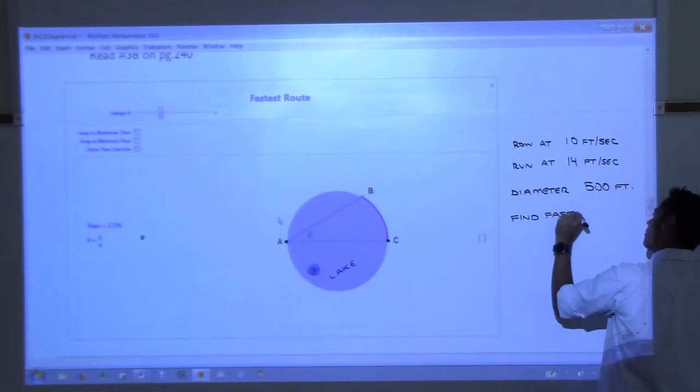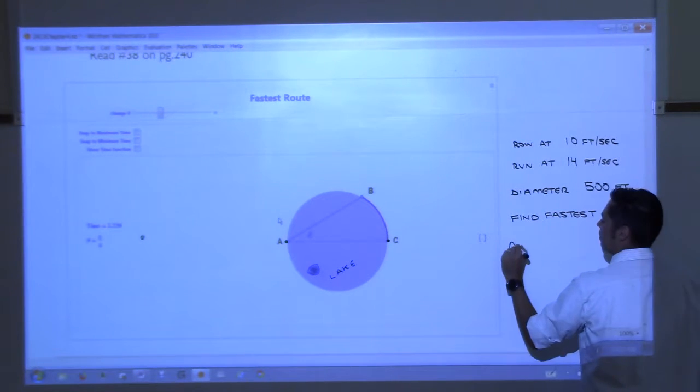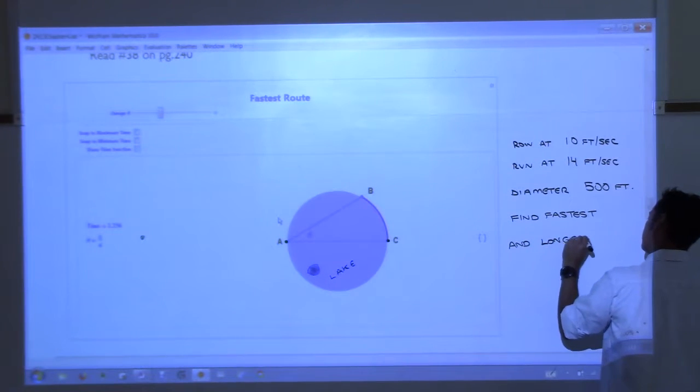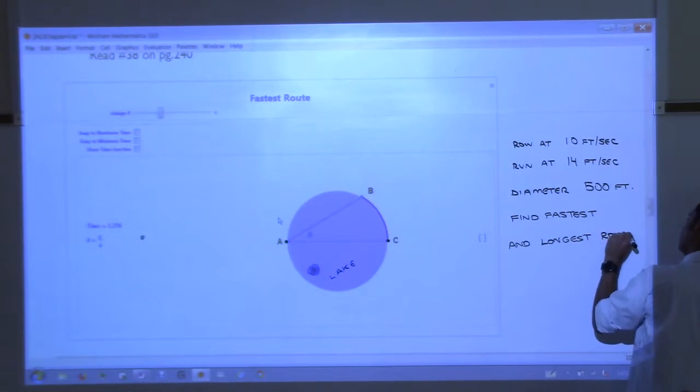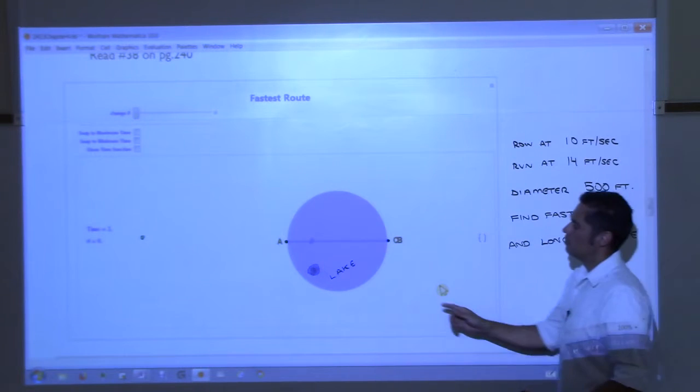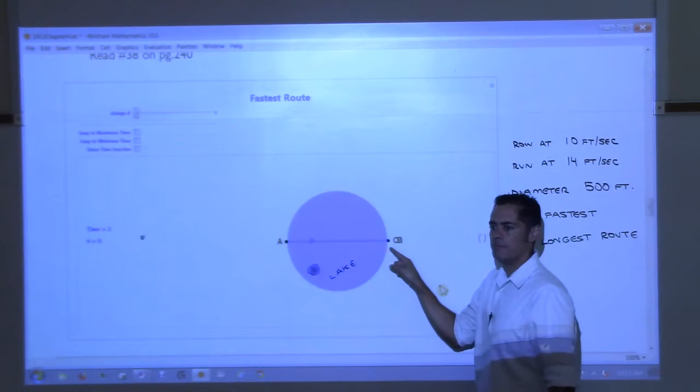All right. Find fastest and longest route. So here's the idea. This person could just decide to row straight across, right?